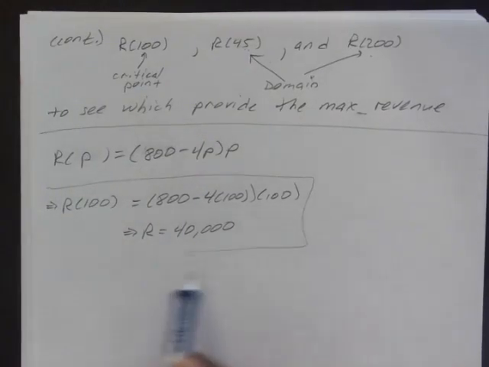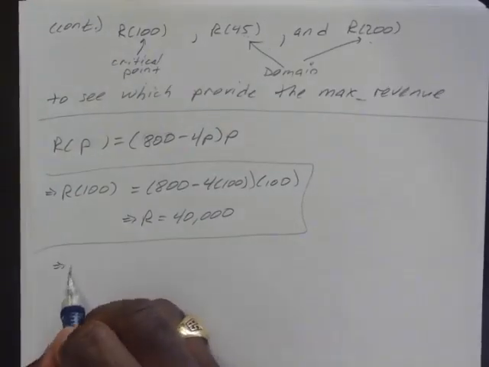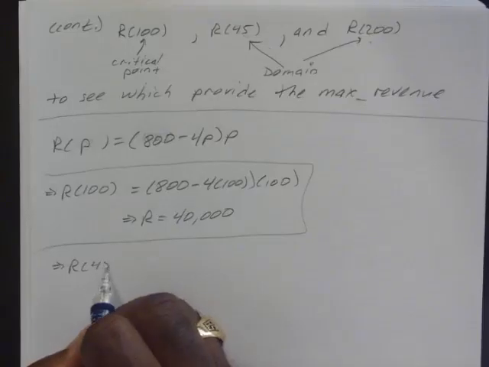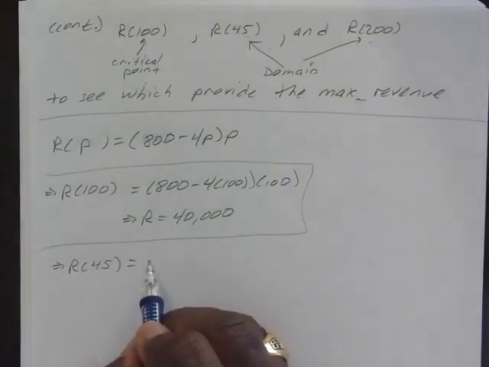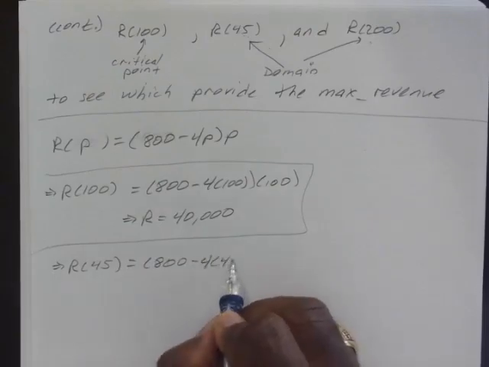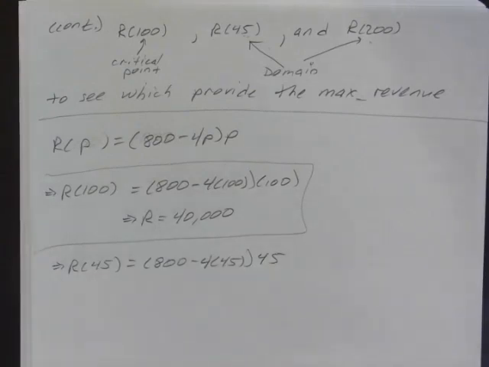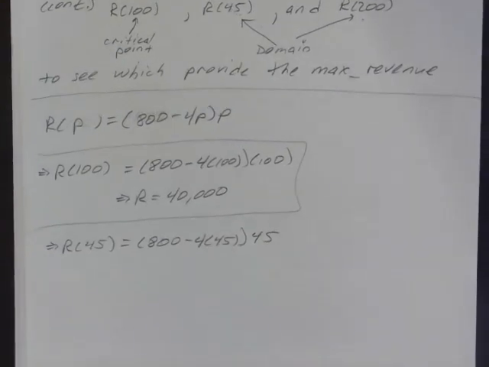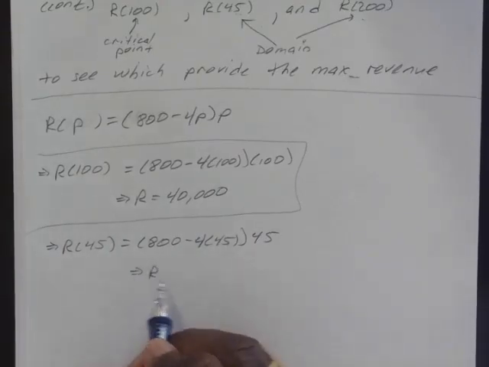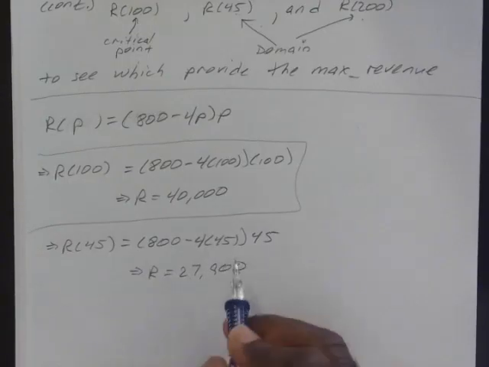And I'll just kind of separate each one. Now the revenue at $45 is 800 minus 4 times 45 times 45. Well, that gives us a revenue of $27,900.